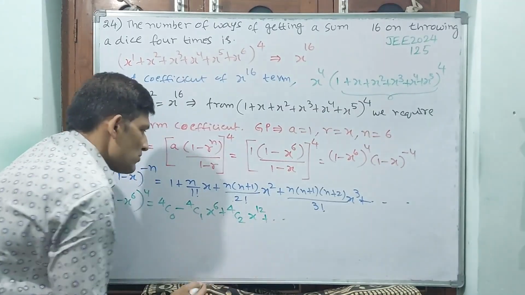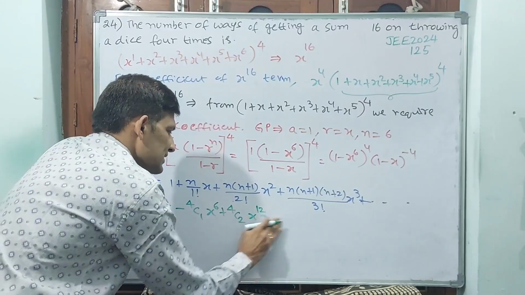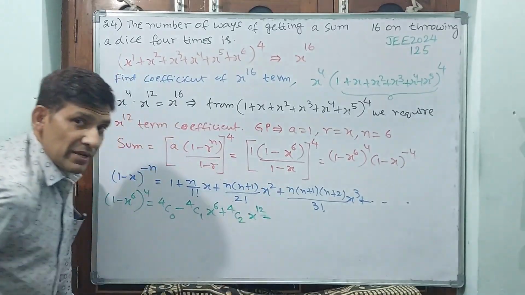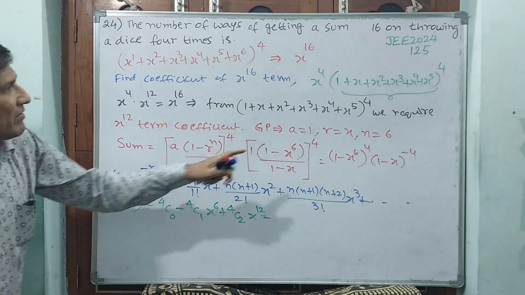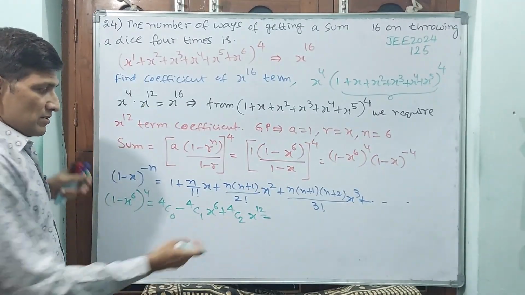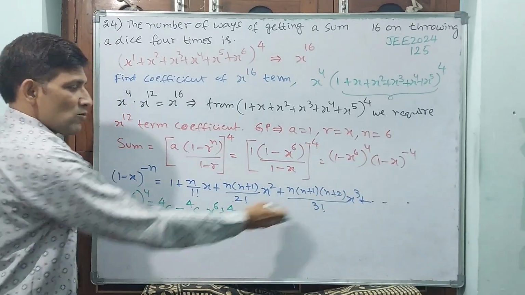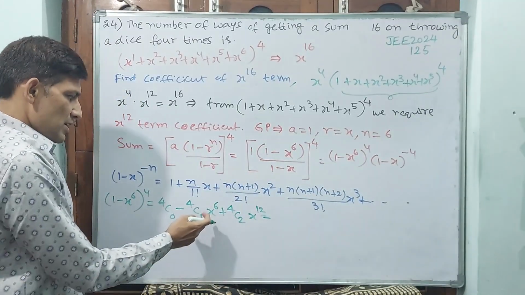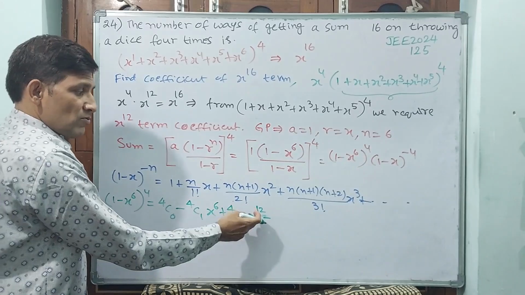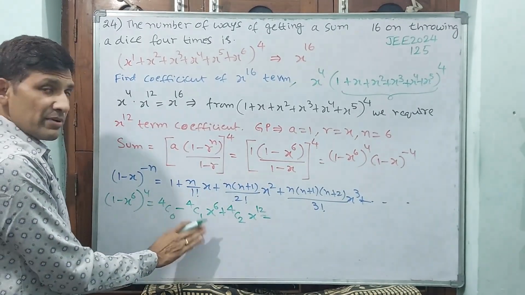Plus I will write, but I don't take, see, minus, plus, minus, plus, minus, but I don't take. Why? Because I require x to the power of 12 term coefficient. X to the power of 12 term I have taken, that's all. More I need not take. If I go beyond x to the power of 6, x to the power of 12, x to the power of 18 is going to come. That I don't require. That is why I will stop here only.